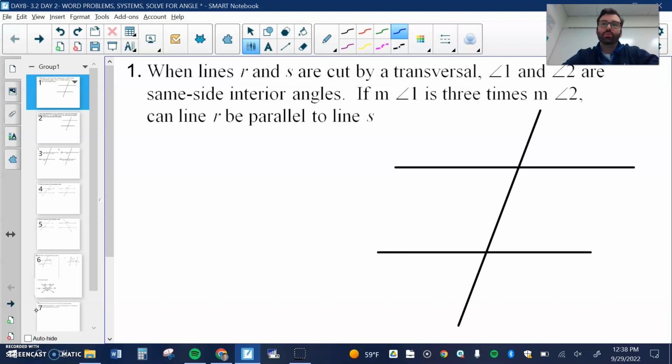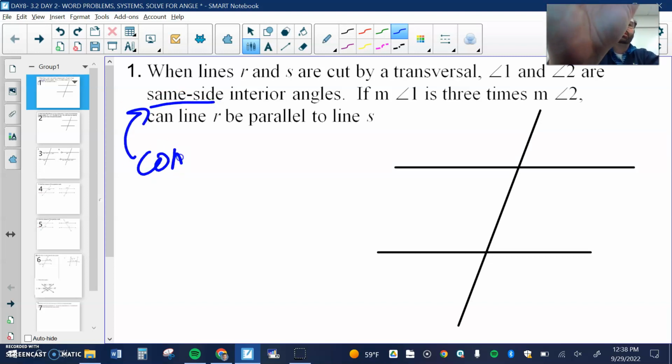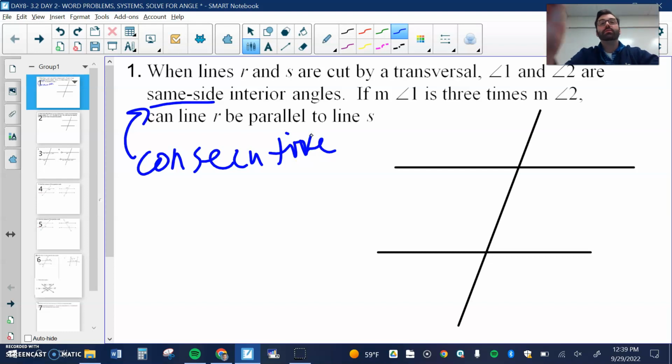So it says angles 1 and 2 are same side. Do you remember same side is another word for consecutive? That's terrible chicken scratch, but that's all right. I think you get the point. If they're consecutive, I'm going to put 1 there and 2 there.